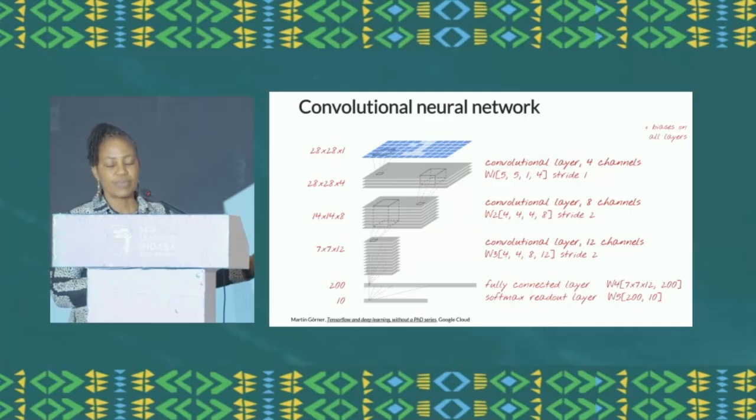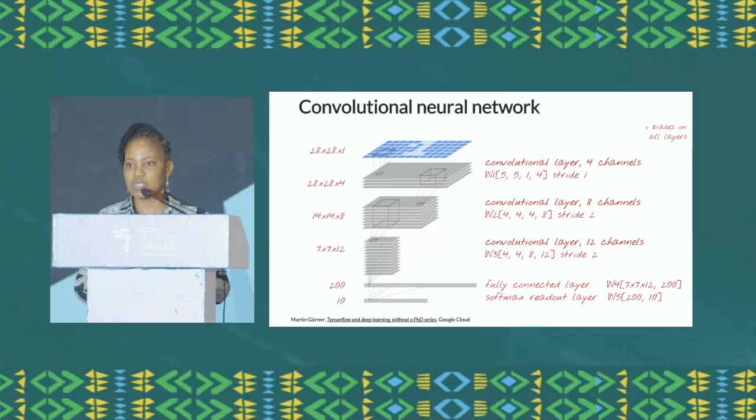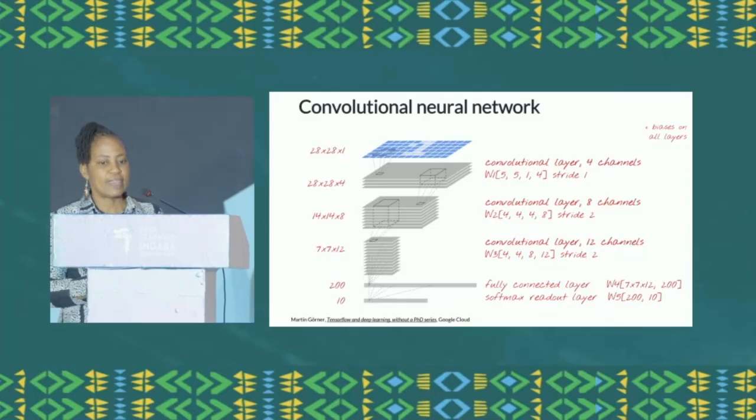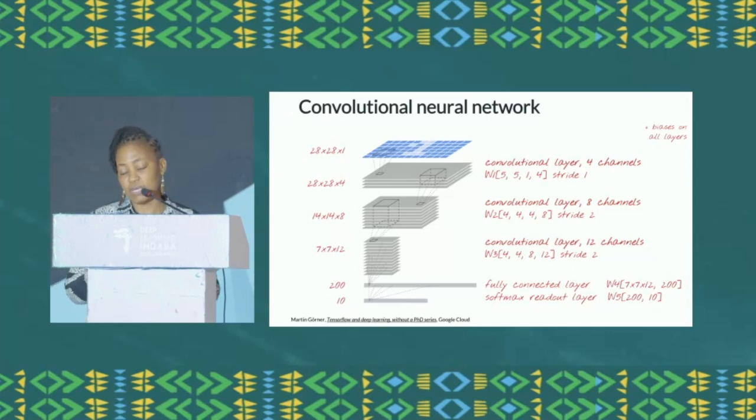Here we have another example further explaining the convolution process, with the classical MNIST handwritten digits data set, where the image is 28 by 28 pixel grayscale, so the input channel is 1. On the first convolutional layer, we have a filter of size 5 by 5, the input channel is 1, and the output has 4 channels.